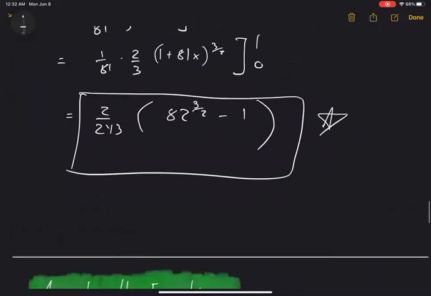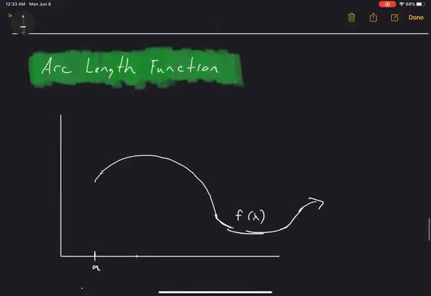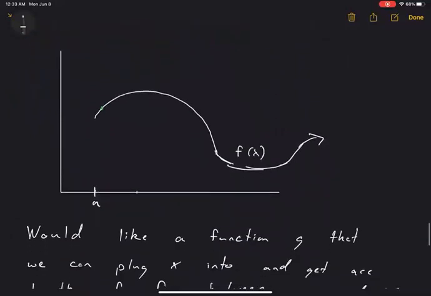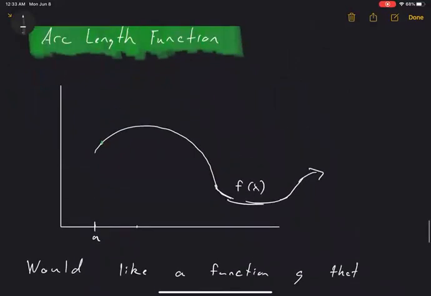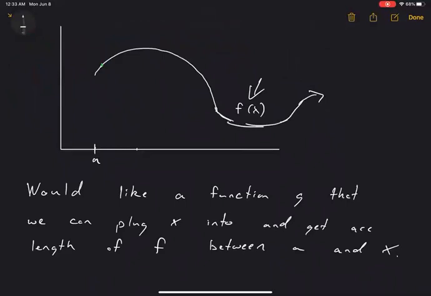One other thing I'll say is that we have something called the arc length function, which is just a slight extension of our idea of arc length so far. Let's say I have a curve f of x like this, and maybe I want to be able to find a bunch of arc lengths for this function, to this b, this c, this d, e, f, and so on.